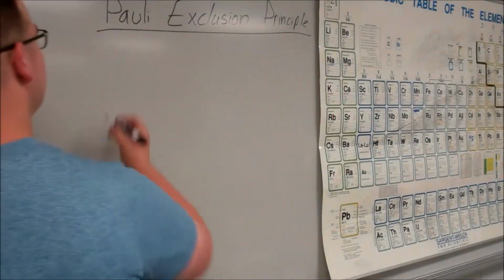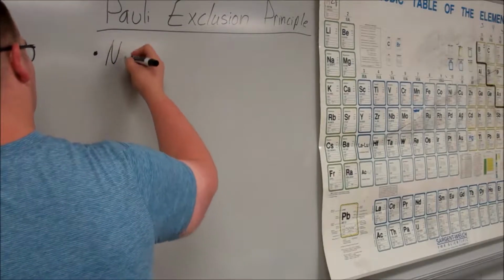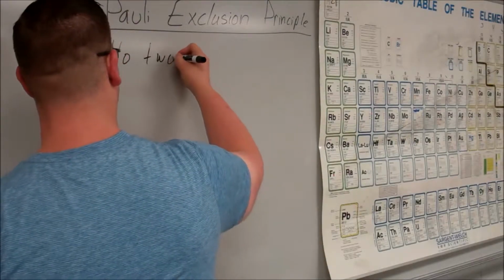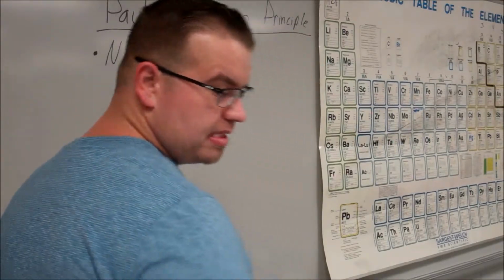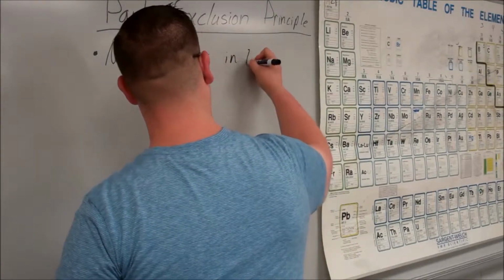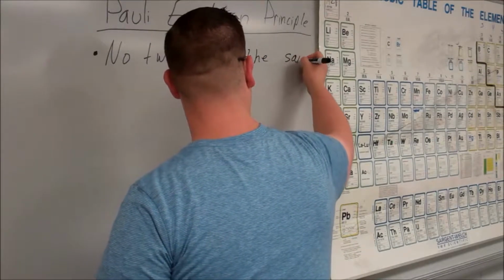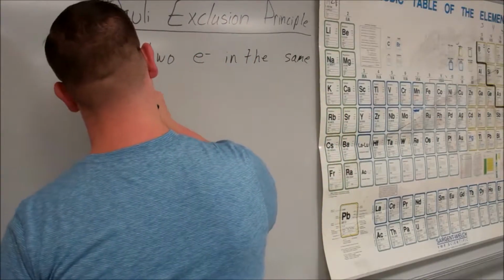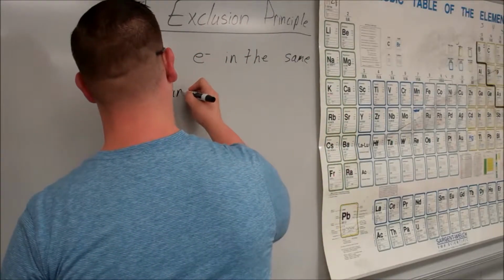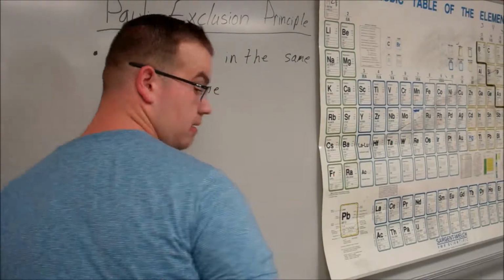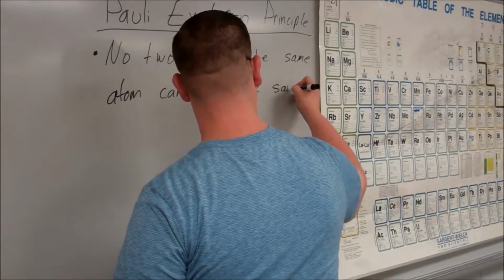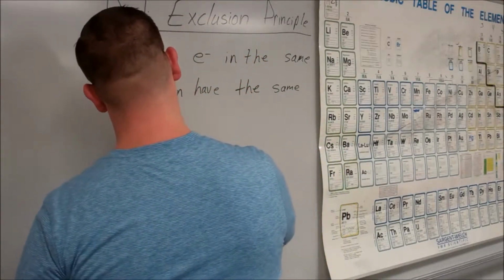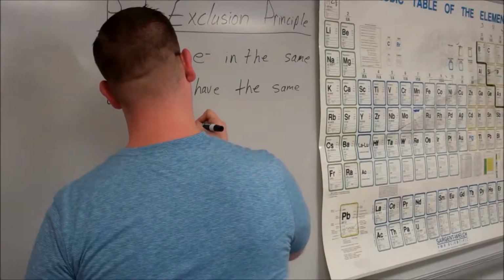Pauli exclusion principle. This is what the Pauli exclusion principle says. No 2 electrons in the same atom can have the same 4 quantum numbers.